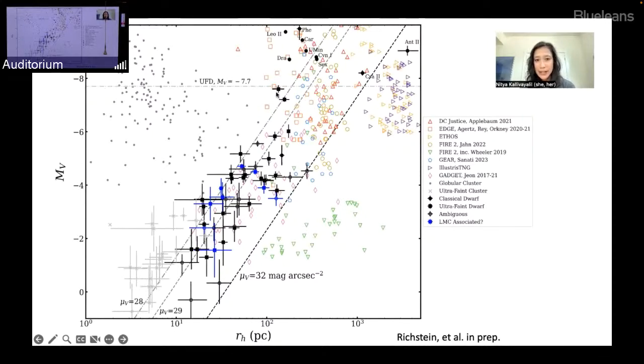This gray line demarcates what we call ultra-faint dwarf galaxies. These are the lowest mass galaxies that we know of in the universe, and they also have extremely high mass-to-light ratios. So these are also some of the most dark matter-dominated objects that we know of in the universe.